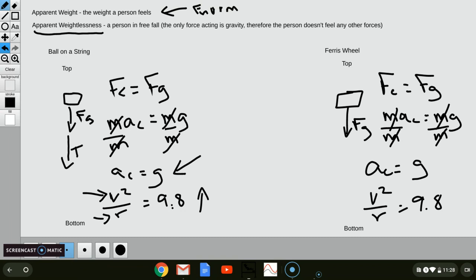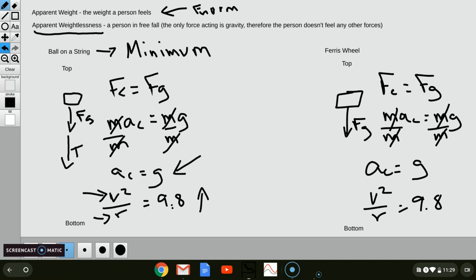So for a ball on a string, it's very important that you realize this is a minimum. You must go at least that fast in order to maintain your velocity. Now, if we take a look at the Ferris wheel, what happens if we go faster?